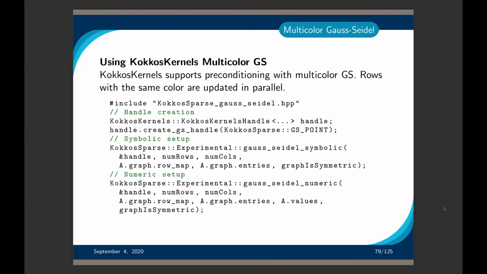And graph is symmetric just means whether A is structurally symmetric, because if it's not, it needs to be symmetrized in order to run the coloring on it. And then, yeah, numeric setup.